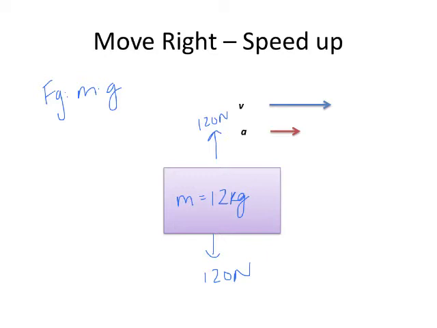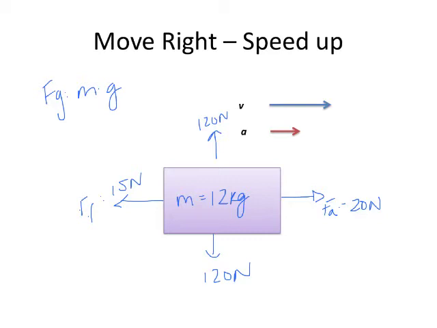To represent speeding up, your applied force, your F sub a, is going to be greater than your frictional force. So this would be a good example of that. We've got 20 newtons being greater than 15 newtons. So this would be a picture that would represent something moving to the right and speeding up.